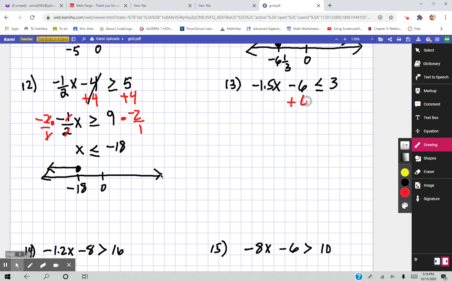So you're going to add 6 to both sides. Divide both sides by negative 1.5. So x will be, because I'm dividing by a negative coefficient, I have to flip the sign. And that'll give me negative 6.